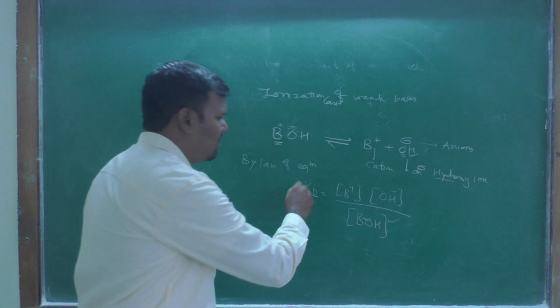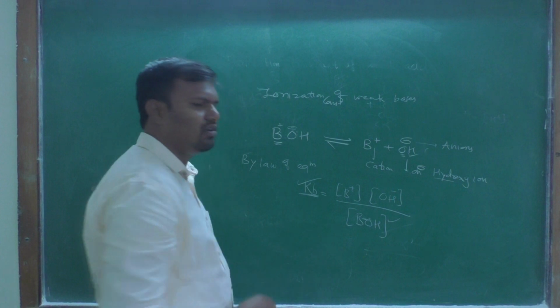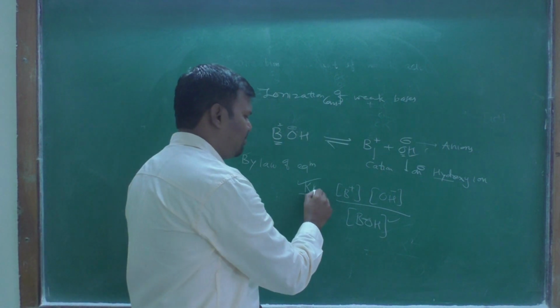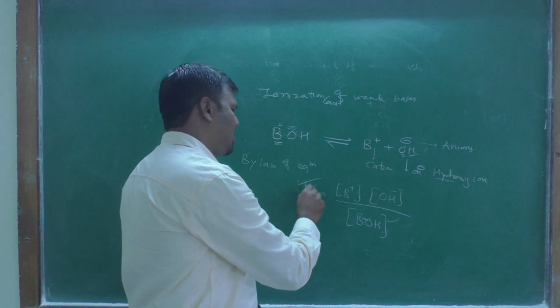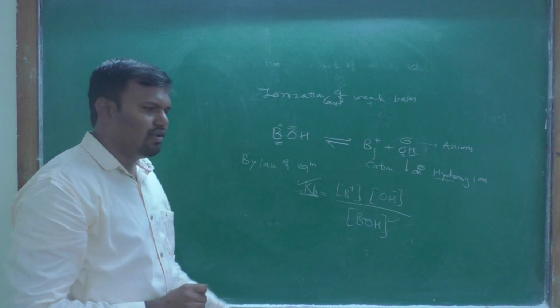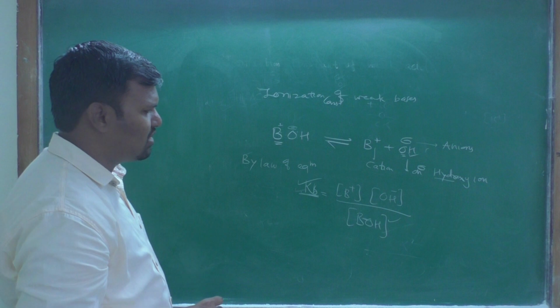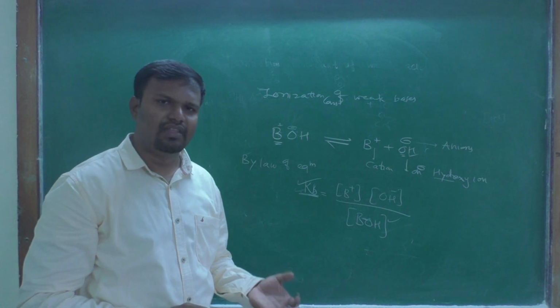That is our ionization constant for the base. B stands for base, so Kb means the ionization constant of base, while Ka is the ionization constant of acid.